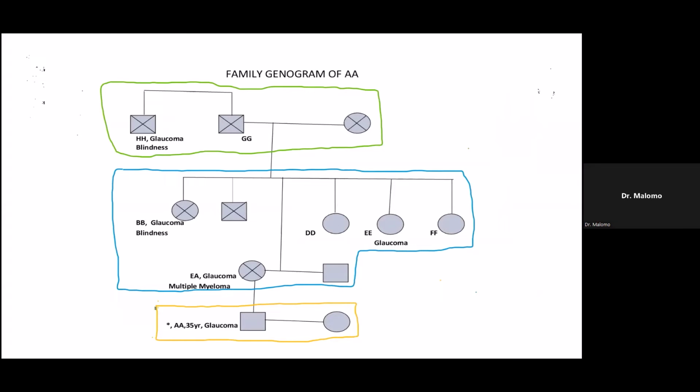As an illustration, what you are seeing is the family genogram of Mr. AA, a patient that is shown in the lowest row. This genogram is showing you 3 generations: that of Mr. AA himself, next, that of his mother and her siblings, and then finally, that of his maternal grandfather.